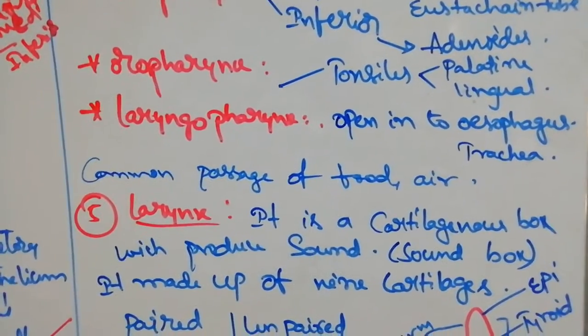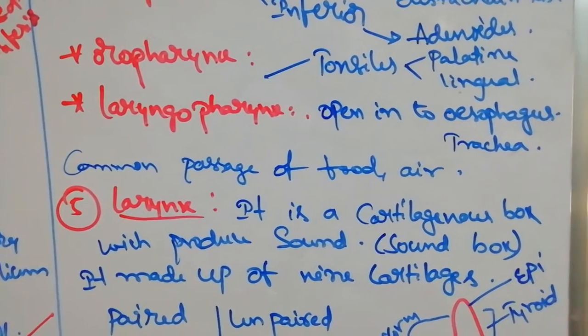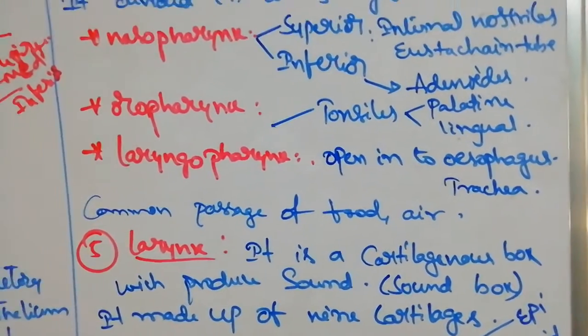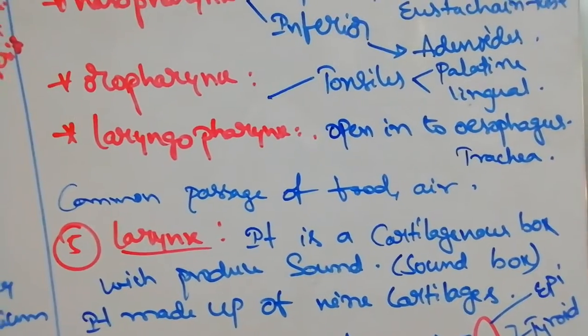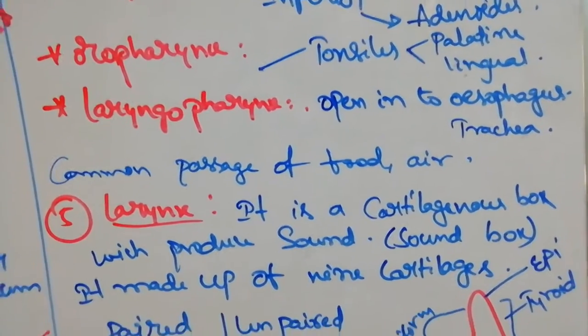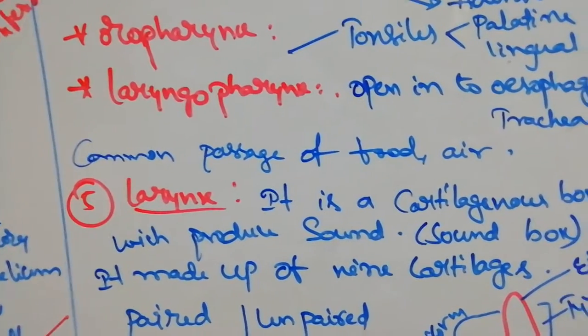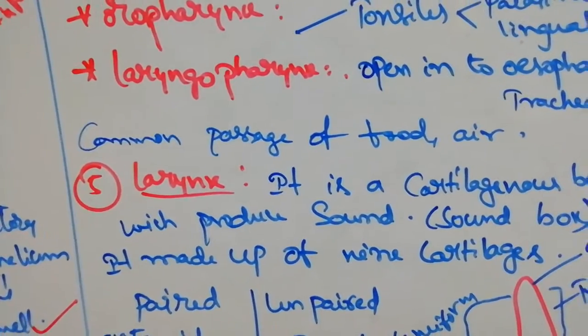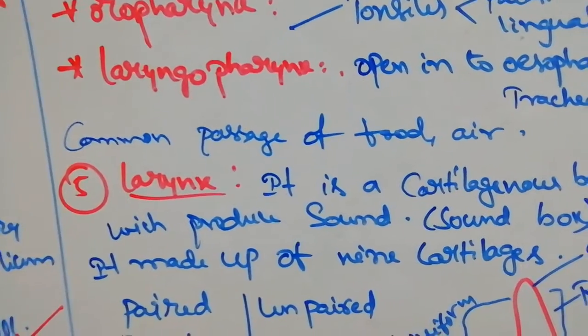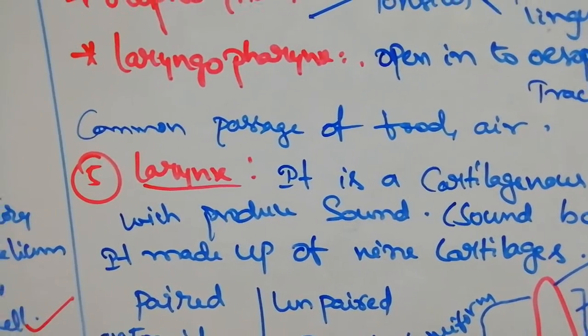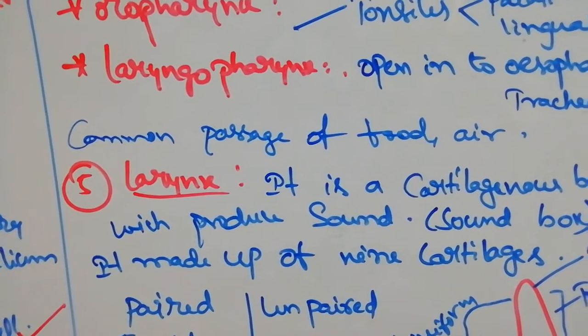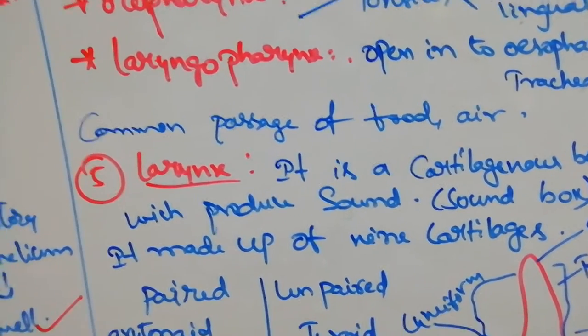Whereas the oropharynx is the middle part of the pharynx, which consists of two types of tonsils: palatine tonsils and lingual tonsils. The laryngopharynx, where the pharynx opens into the voice box through the esophagus and trachea, is also a common passage of food and air.